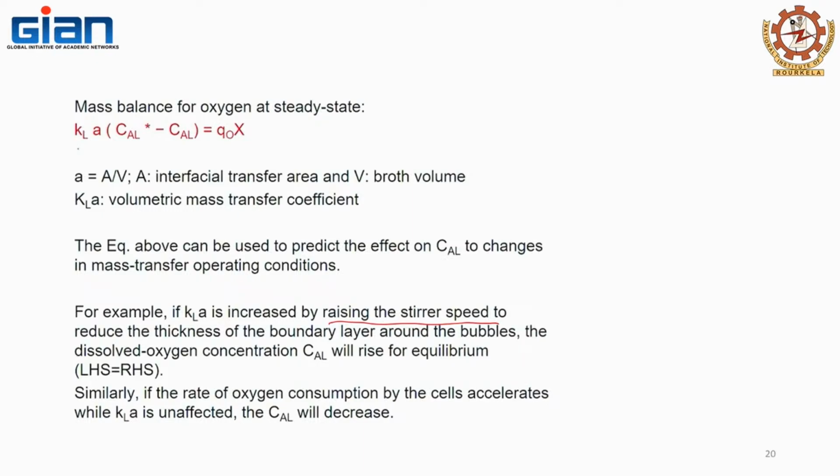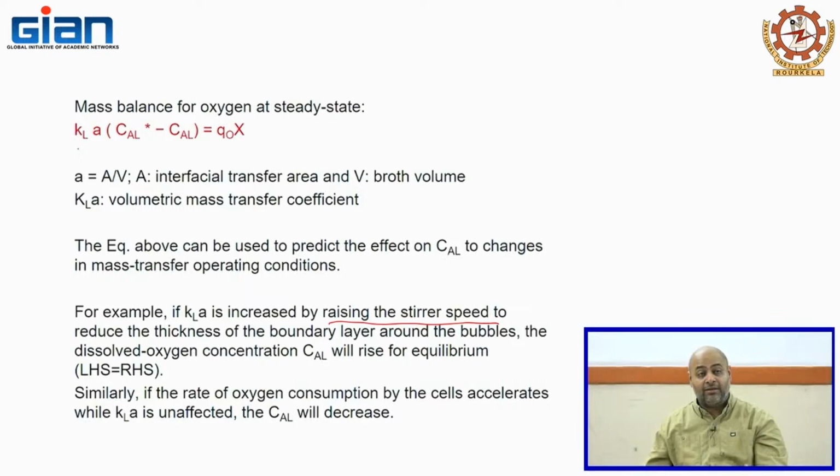Similarly, if the rate of oxygen consumption by the cell accelerates while KLa is unaffected, the Cal will decrease. That means the concentration of oxygen on the liquid side will decrease because now uptake has increased. So, you have to maintain Cal. Whatever you do, maintain Cal at all cost above the C critical.